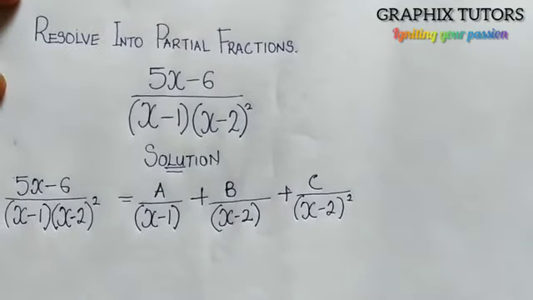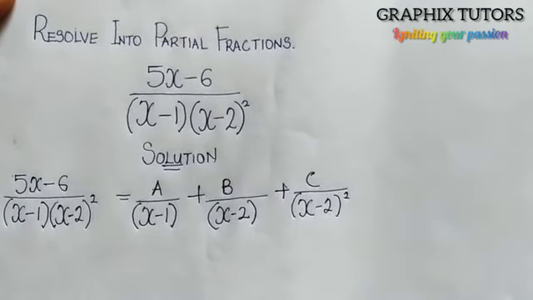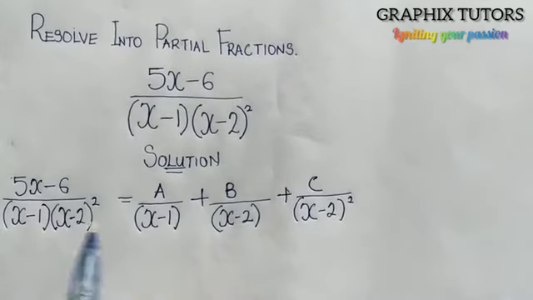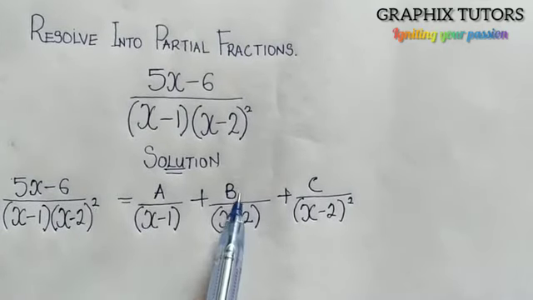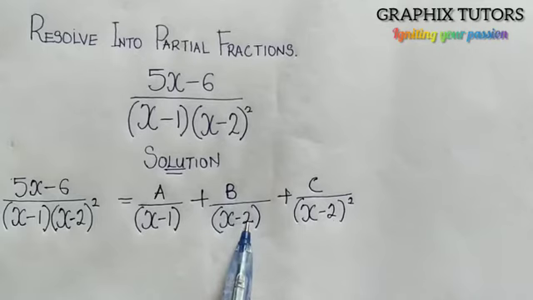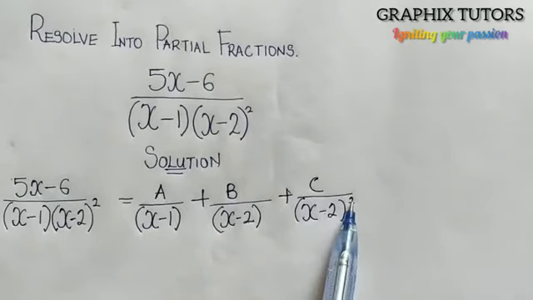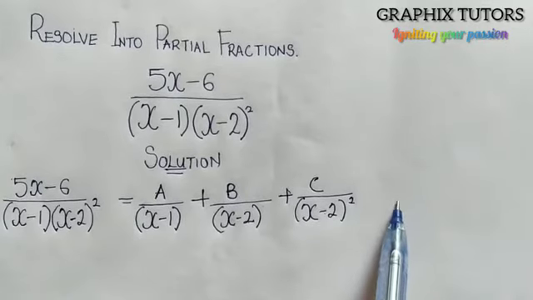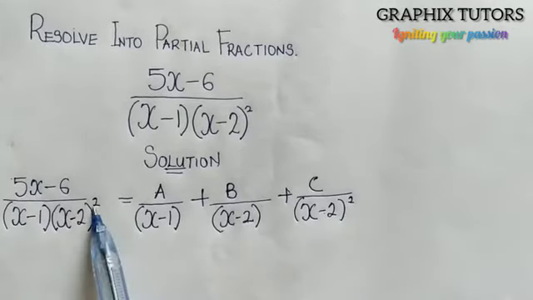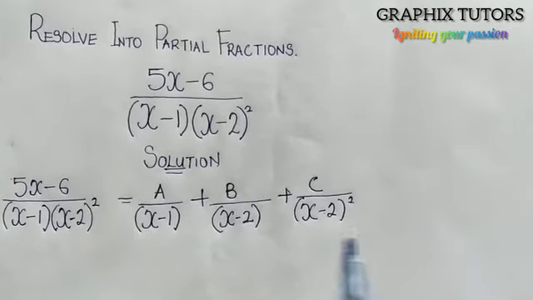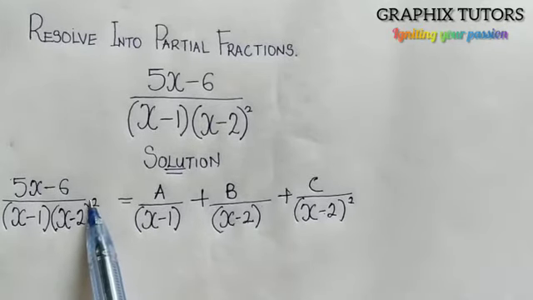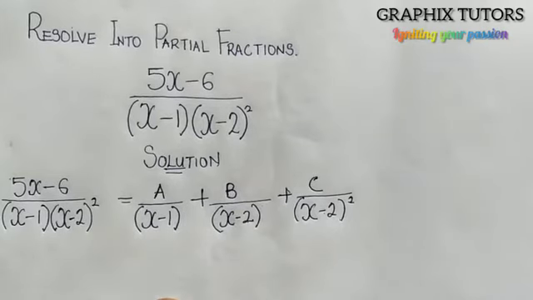So it means that if this is 3, it will be B over x minus 2 to the power of 1, C over x minus 2 to the power of 2, D over x minus 2 to the power of 3. If it is 5, you raise it to 5. That is when you have this category, when the power is outside like this, right? So now we move forward.